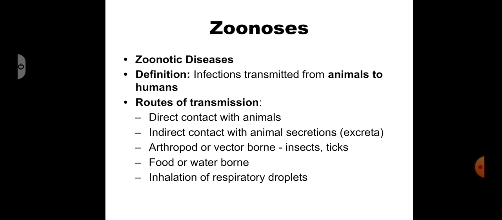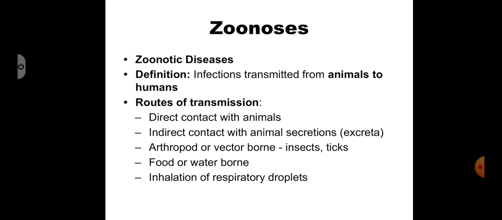Food or waterborne, like gastroenteritis caused by non-typhoidal salmonella, like the poultry which is infected by non-typhoidal Salmonella agents like Salmonella typhimurium or Salmonella enteritidis. When you eat improperly cooked food or water which is contaminated, you can get such infections.